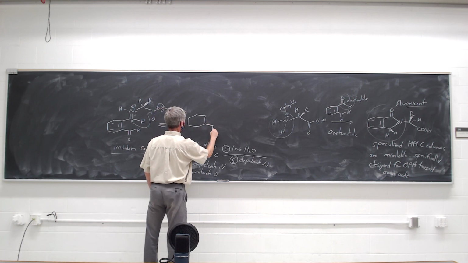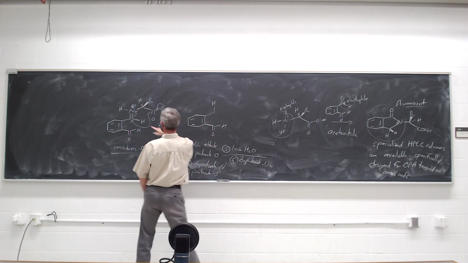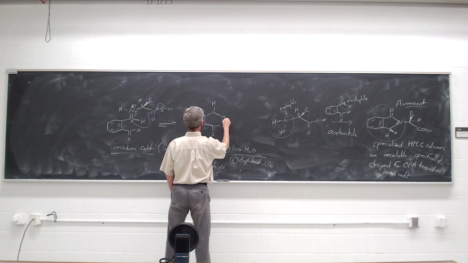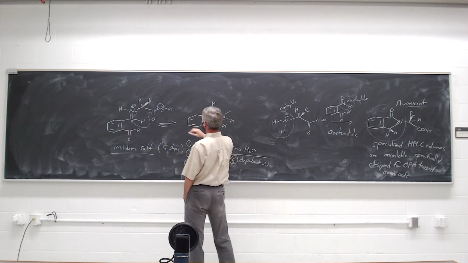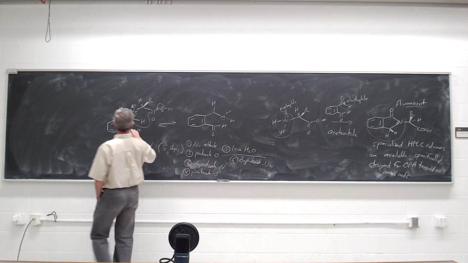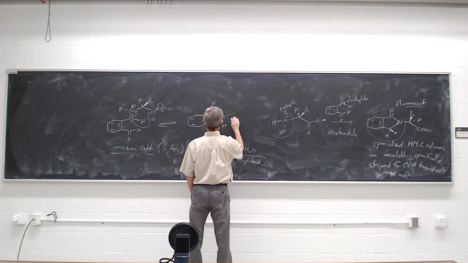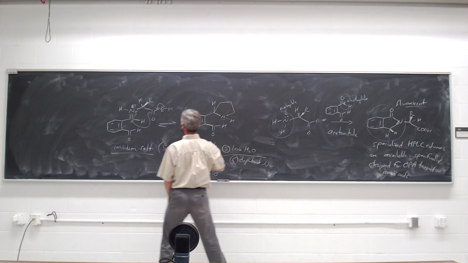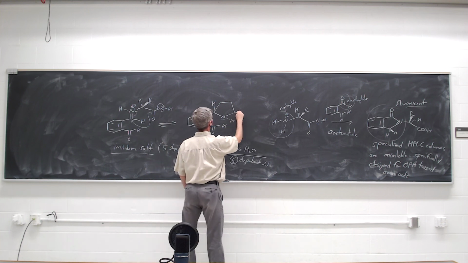And you would then get something that looks like this. And I'm just going to rewrite it so the hydrogen's up. I've got my nitrogen here, and then that's attached to this carbon here, and look like that, where we've got our R group here.